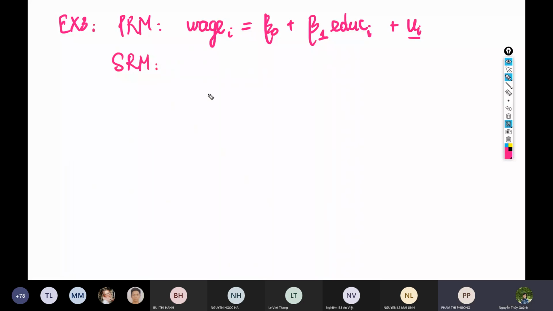My regression model is wage equals beta 0 hat. Now, what is the value of beta 0 hat for this exercise?